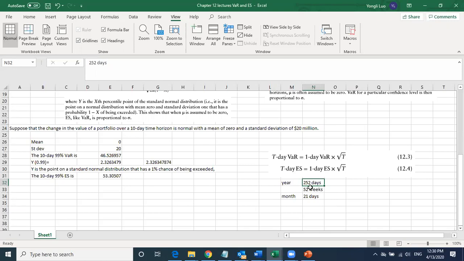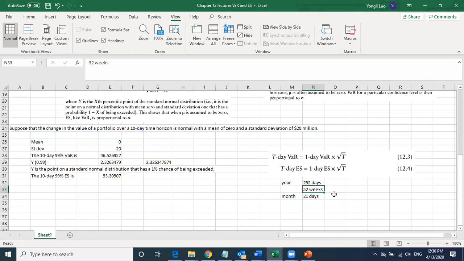We count only trading days, not calendar days. What if you have a weekly VaR? Then you multiply by the square root of 52 weeks. So 1 year you have 52 weeks.